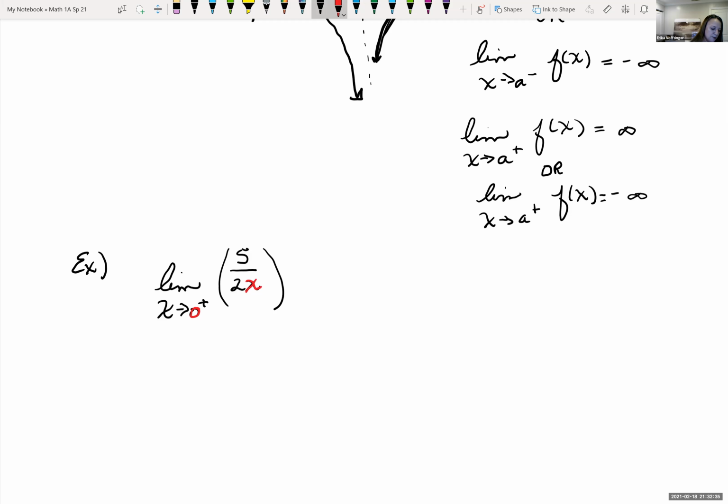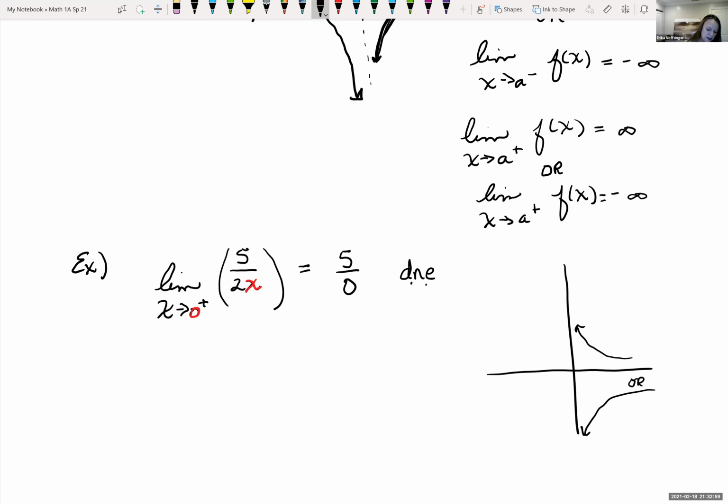So this is an example where if we did direct substitution, we would get 5 over 0. If you get something like this, a lot of times we just say this does not exist. But we want to know what's going on as we're coming in from the right-hand side. Again, are we going to be shooting upwards or downwards?